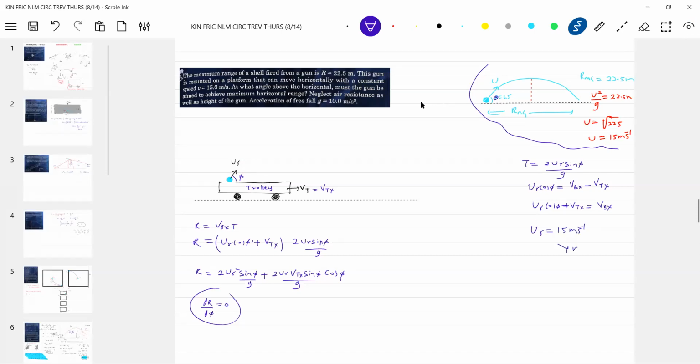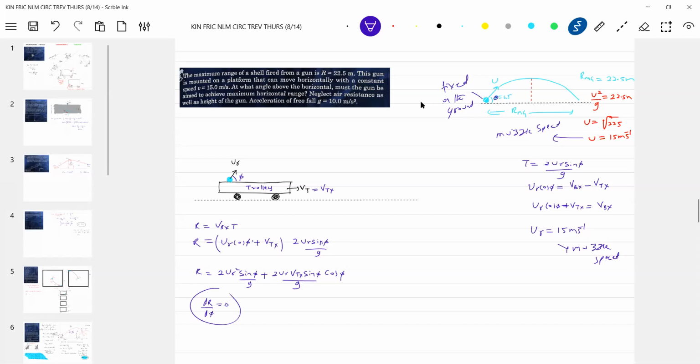What we call muzzle speed: when it is on the ground, it will become absolute velocity. On a moving trolley, it will become relative velocity. Are you able to get this? So for muzzle speed, write: fixed on the ground. This is, I think, very important.